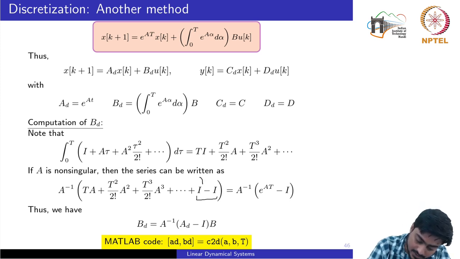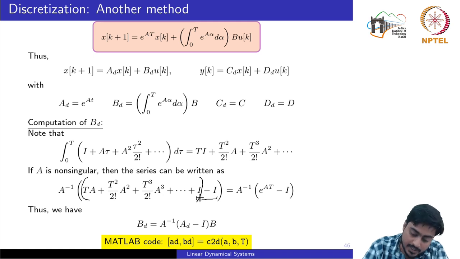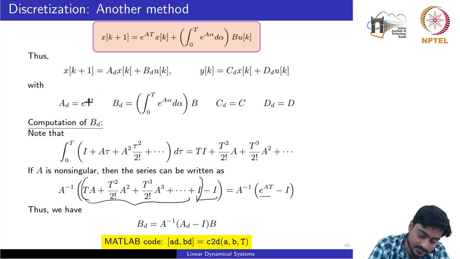Now see this part. This part is basically equal to the matrix exponential e to the power at. So this part would become e to the power at minus I pre-multiplied by the inverse of the A matrix, and this e to the power at is basically my AD.